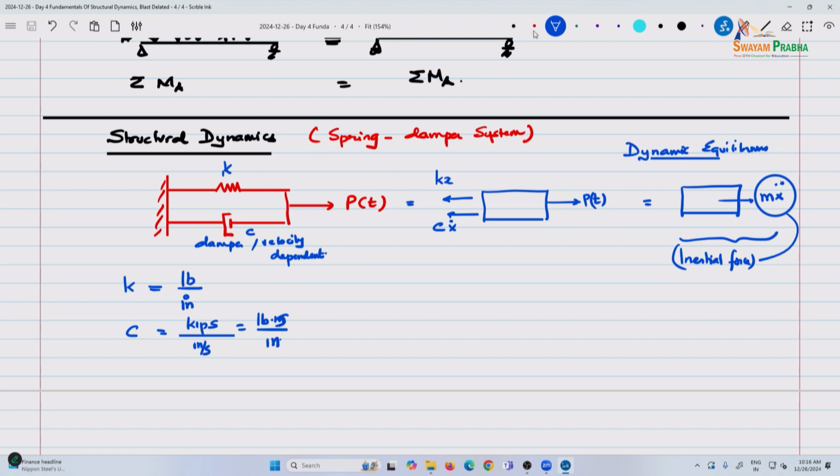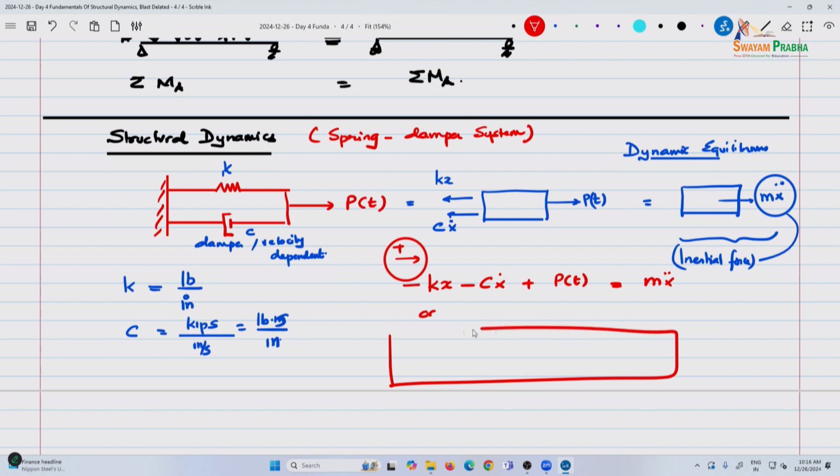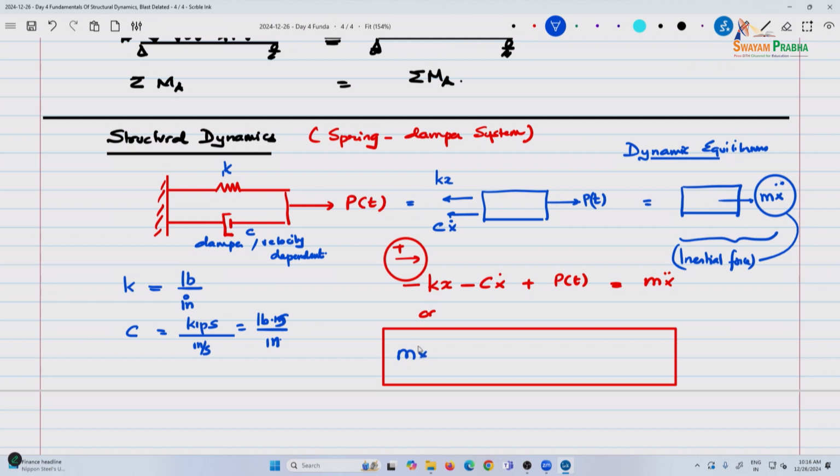So if I write my basic equation, it is minus kx minus cx dot plus p of t is equal to, if I consider that to be the positive direction, m x double dot, or I get the classic expression for the differential equation: m x double dot plus c x dot plus kx equal to the forcing.